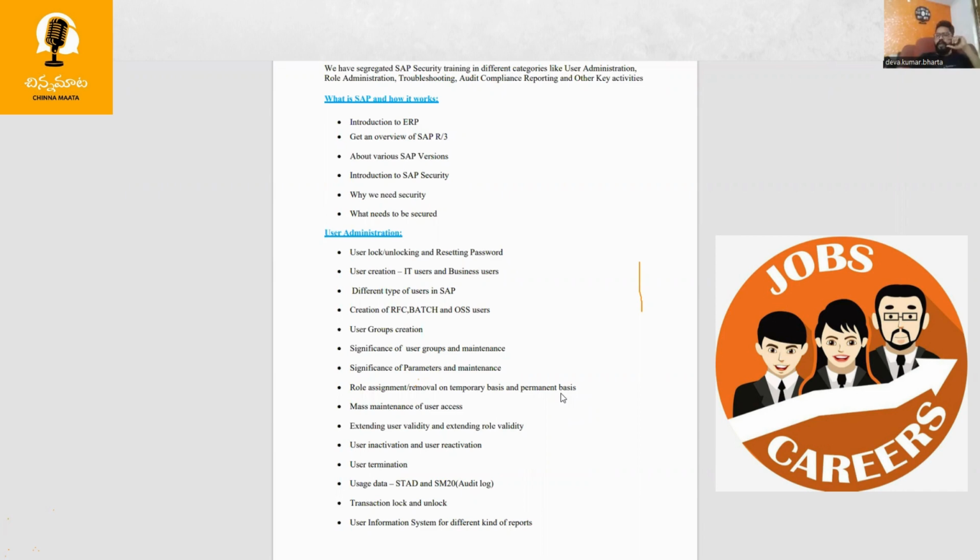That's why there is demand in the market for SAP security consultants. There is more demand and a big opportunity in the market. And you guys are thinking about what knowledge is needed to learn the course.